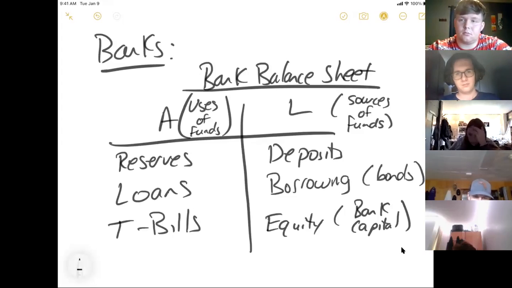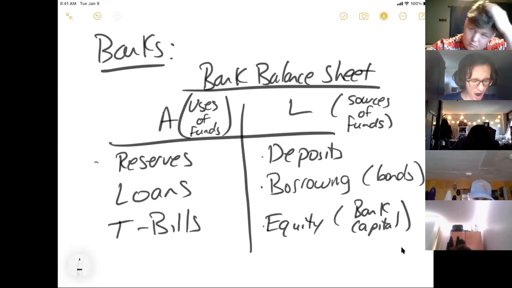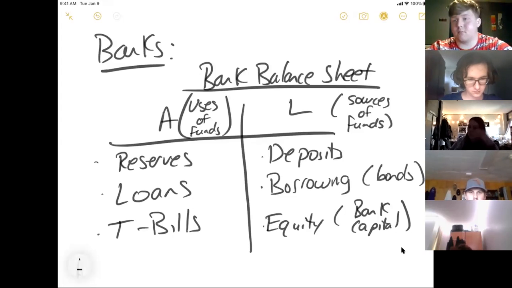So at the very highest level, in reality, and of course, banks do raise money in a number of different ways, and they have a number of different assets. But at the highest level, this is really what banks do. They raise money through deposits and borrowing and equity. And what do they do with that money? They hold some reserves, they make loans, and they hold some government bonds, right?